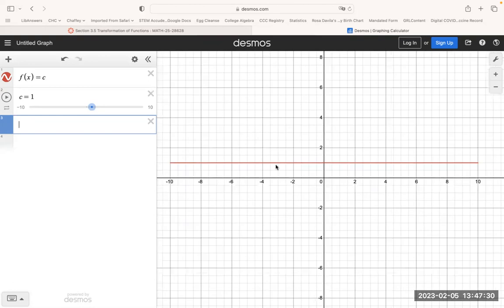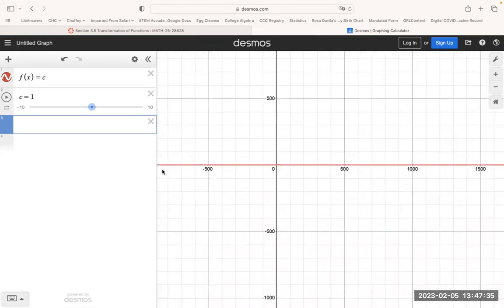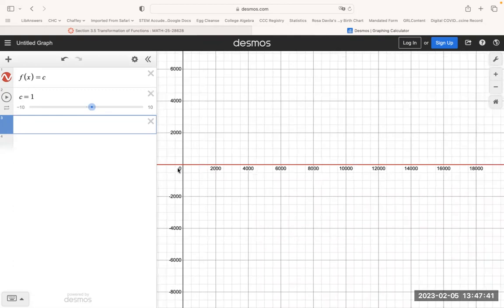In this case, you could scroll out and see that it goes on forever. You could barely see the line because it looks like it's almost attached to our x-axis. That's just because we're super far away.